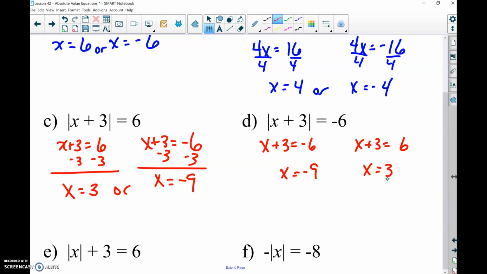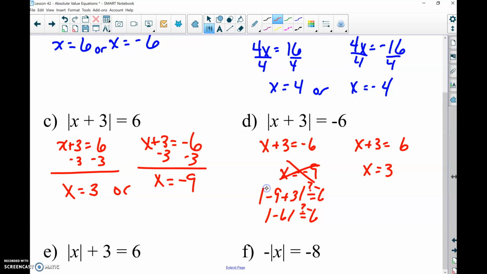However, when I plug those values in, if I plug in negative 9, I get negative 9 plus 3 inside the absolute value, and I want to know, is that equal to 6? That's the absolute value of negative 6, and that is not equal to 6. I'm sorry, that is not equal to negative 6.